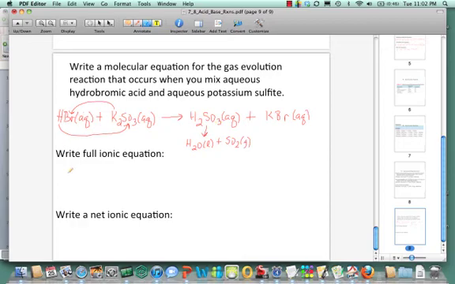So if we want to write a full ionic equation, then we write everything out separate that's aqueous.